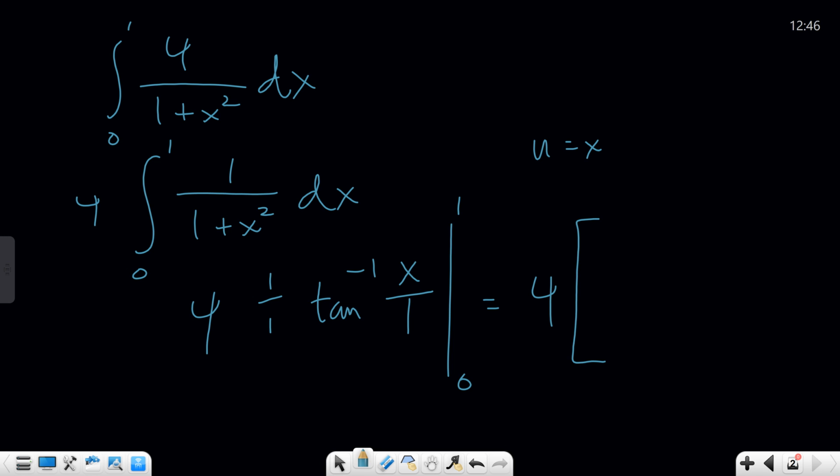Okay, 4 times the inverse tangent of 1, what's that? Pi over 4. Minus the inverse tangent of 0. Where on the unit circle is the tangent equal to 0? 0. So we get a final answer of pi.